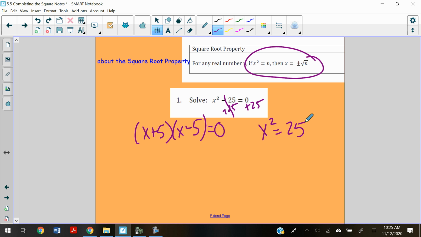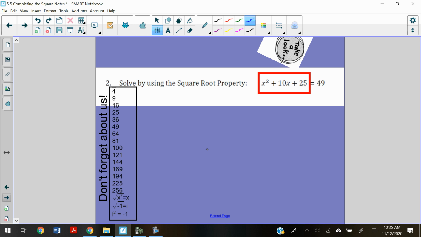To cancel out the square, I'm going to take the square root on both sides. So we get x equals plus and minus 5, which is the same as x equals negative 5 and x equals positive 5. So we want to keep that in mind. That's the first problem on your notes, and we're going to solve it using our square root property.